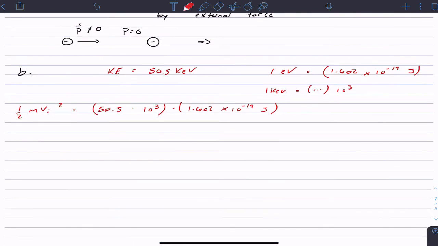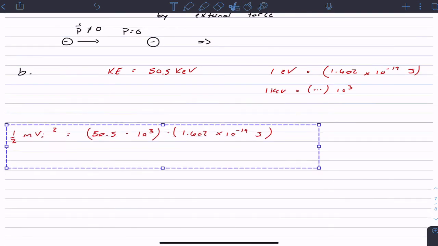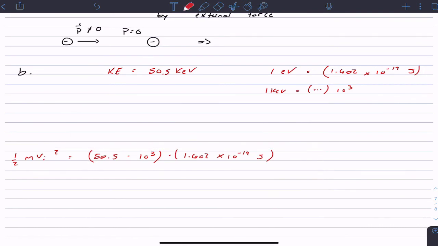By the way, the mass of an electron is something that is known as well: 9.109 times 10 to the negative 31 kilograms. You can use all of this.